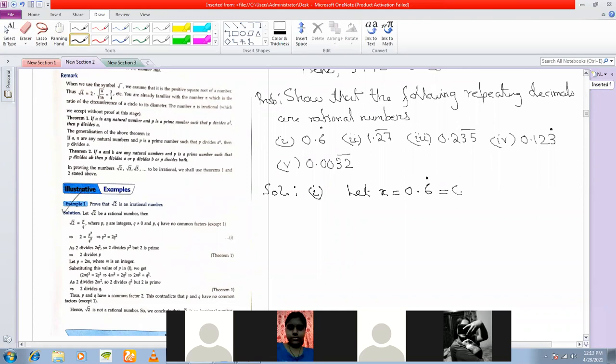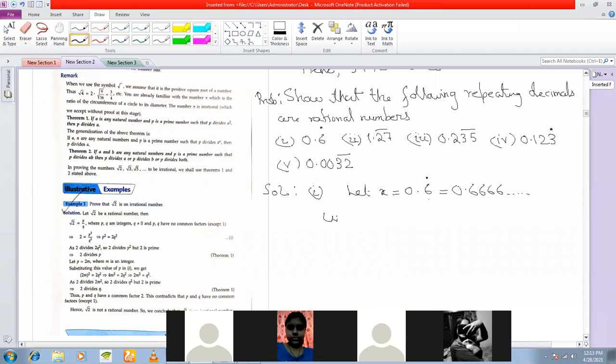You can write this as 0.6666, and so on, right? Now you see that only this single digit is recurring. Whenever a single digit is recurring, you multiply x by 10. Understood?